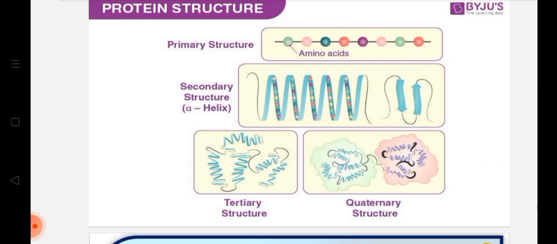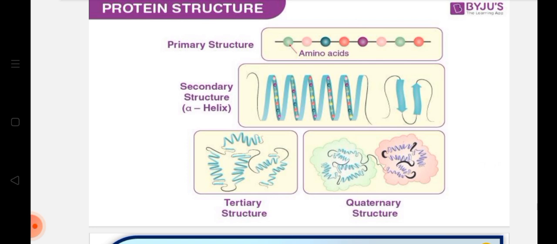We have here a visually consolidated diagram of the primary structure, secondary structure, tertiary structure, and quaternary structure of proteins. In the primary structure, of course, as I have said before, we can see a linear chain of amino acids.